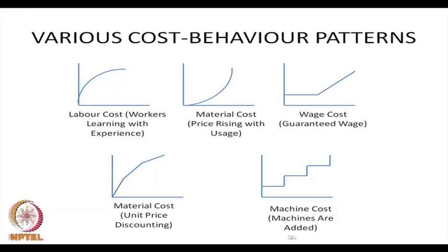Machine cost. Suppose that we had one machine, the cost of the machine depreciation or machine cost was only this. You go for 2 machines, because beyond this you cannot produce. The capacity of one machine is exhausted. Therefore, if you want to produce this, you have to procure another machine, and that adds up to the cost.